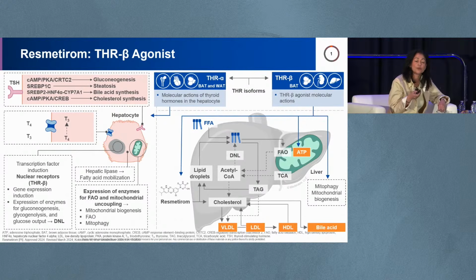One, it promotes biogenesis of mitochondria, so the replenishment of new mitochondria, and also mitochondria that are a little bit tired because they've been working so hard and it's time for them to retire. It kind of clears those. The other thing that it does is increases the expression of LDL receptors on the liver. So when we think about the other factors that we need to think about, resmetirom also decreases LDL. Whether that translates into a cardiovascular benefit, I think will be an exciting thing to see in the near future.